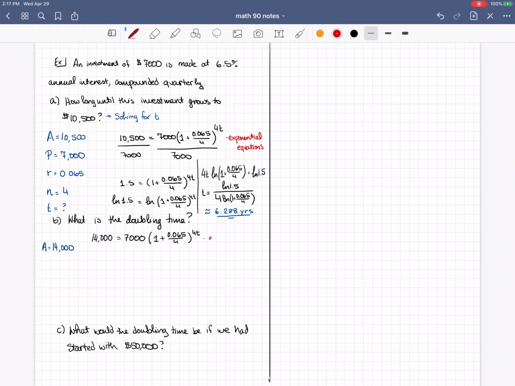Again, this is an exponential equation, so we're going to solve it like an exponential equation. Which means we're going to start by dividing both sides by 7,000. So it actually looks really similar, except instead of 1.5, we have 2.